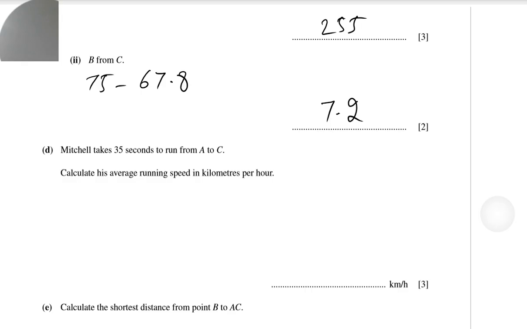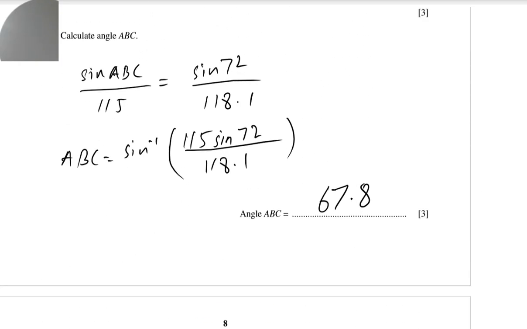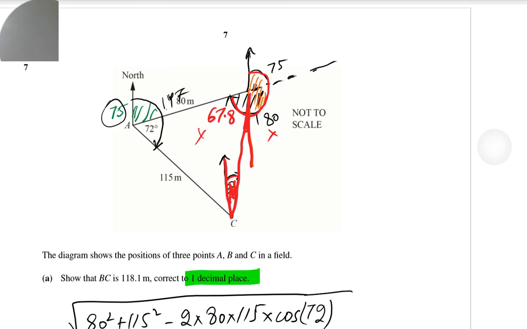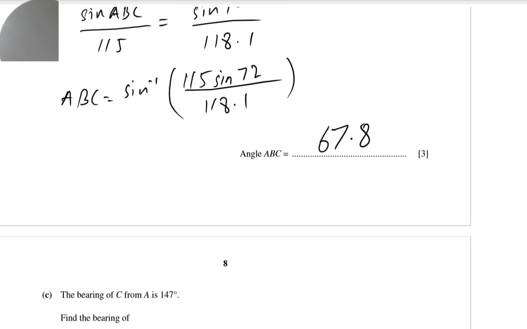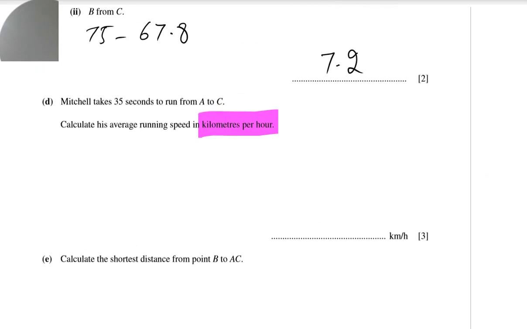Michael takes 35 seconds to run from A to C. Calculate its average speed in kilometers per hour. So what was the distance from A to C? 115. Speed, you can use this thing, you will not forget.